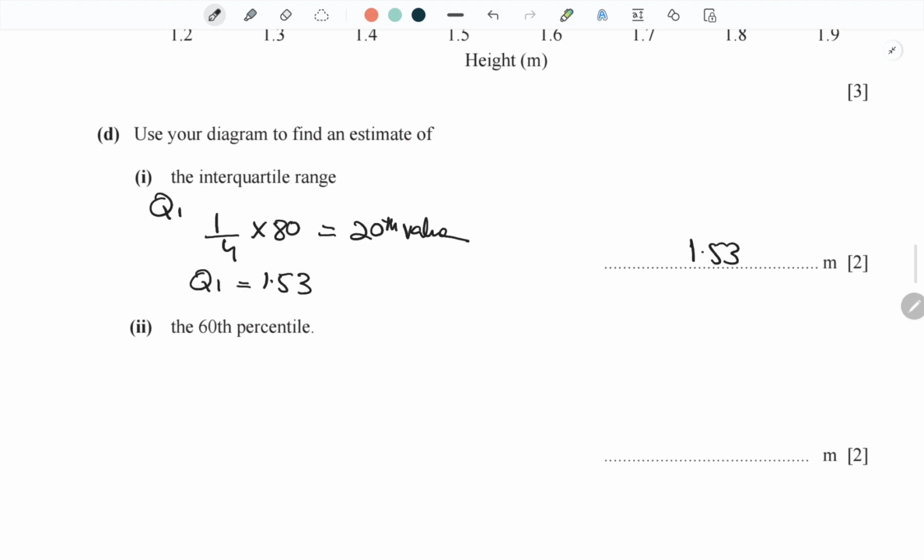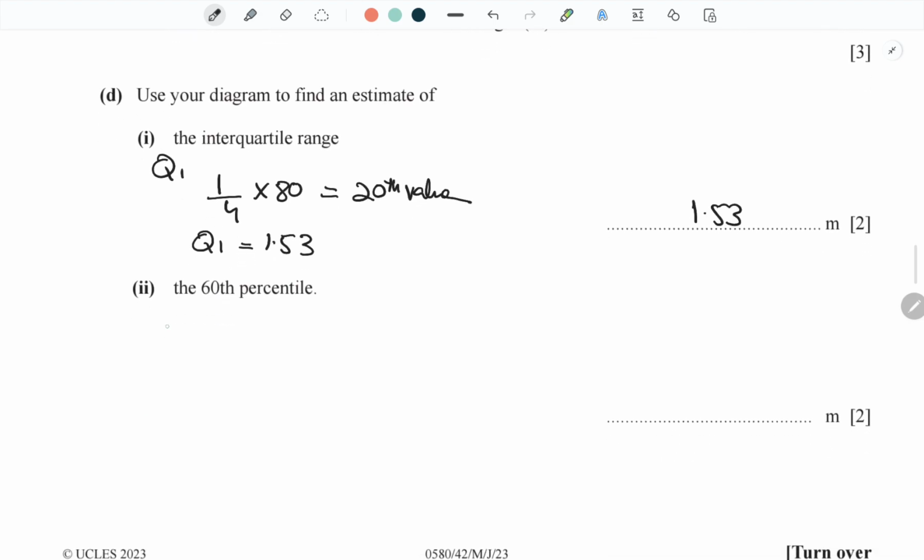Now we see the upper quartile, that means Q3. This is the lower quartile, the Q1, and the upper quartile is Q3, so that means 3/4 times 80, that equals the 60th value.